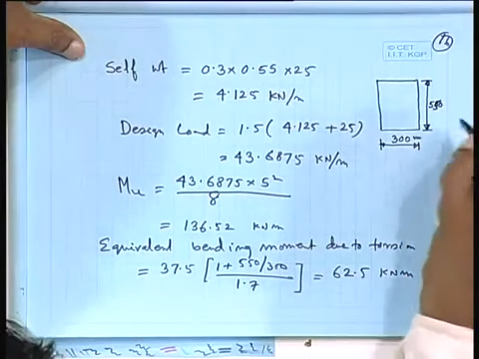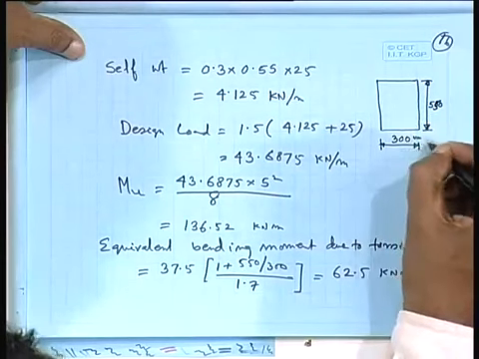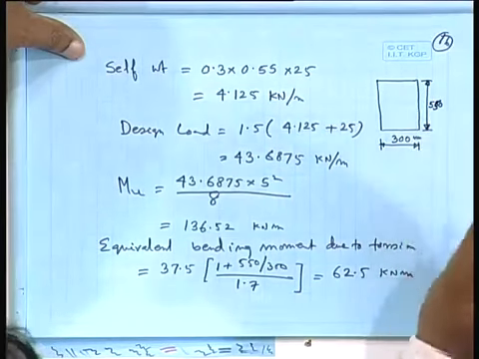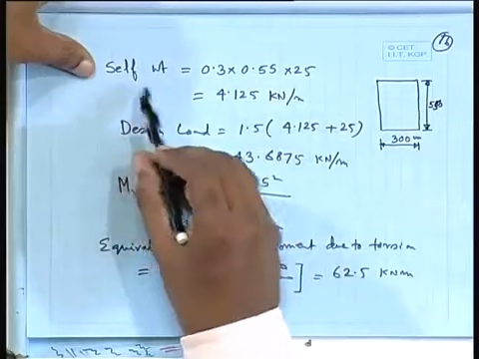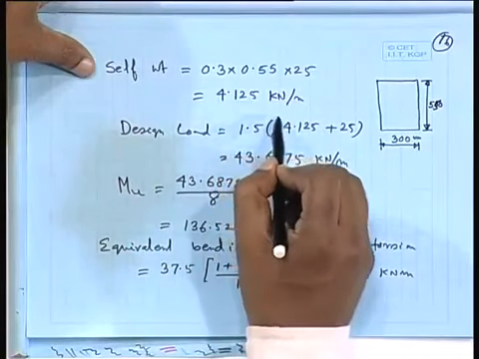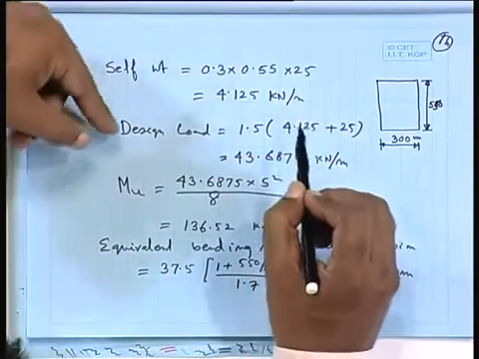Yes, 550. So 300 by 550, that is the overall depth. So the self weight that we have got is 4.125 kilonewton per meter.